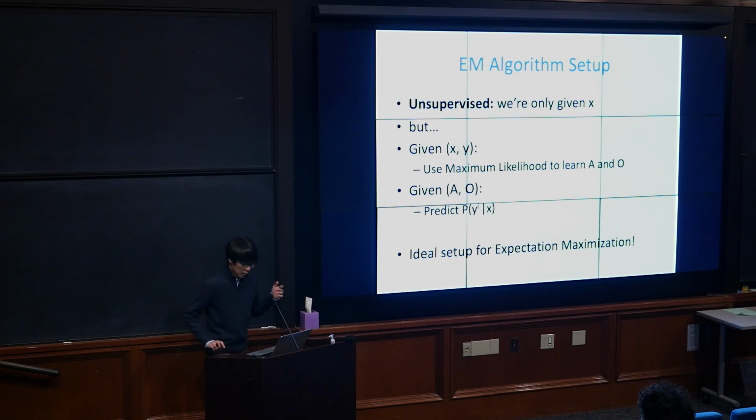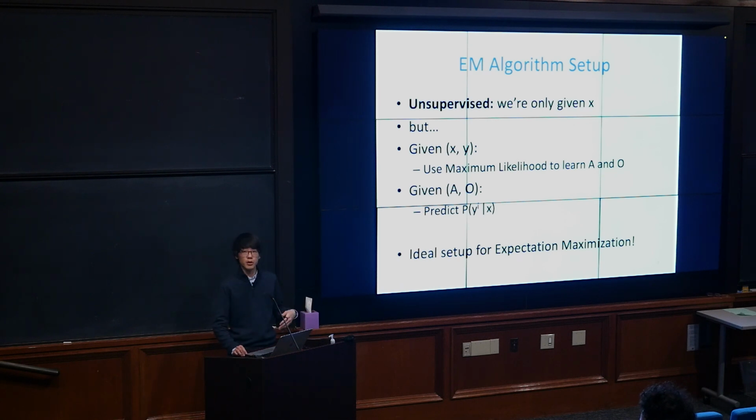So the setup that we discussed was that we're only given x in this unsupervised case. But if we had y, if we had all the labels, we could just use maximum likelihood to learn A and O. We can do the counting thing to learn the emission probabilities and the transition probabilities.